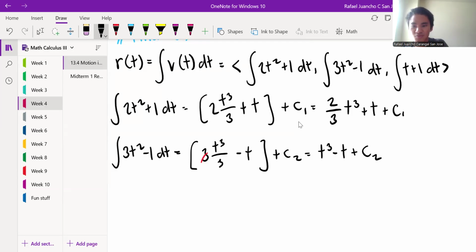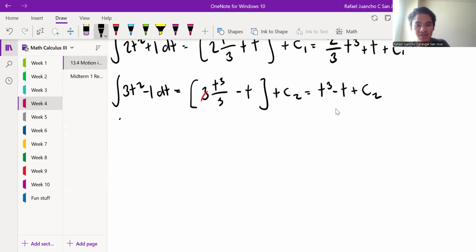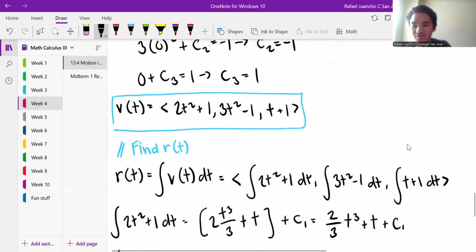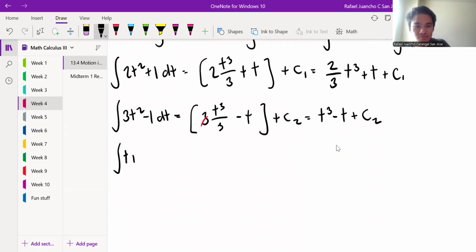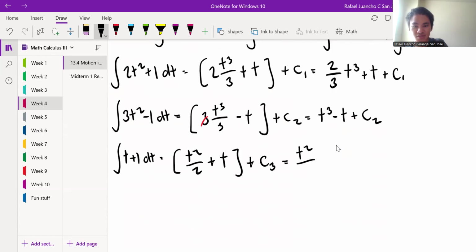Plus c2. And lastly, my final indefinite integral, t plus 1. This will give me t squared over 2 plus t, and then some constant. I'll just stick to this.